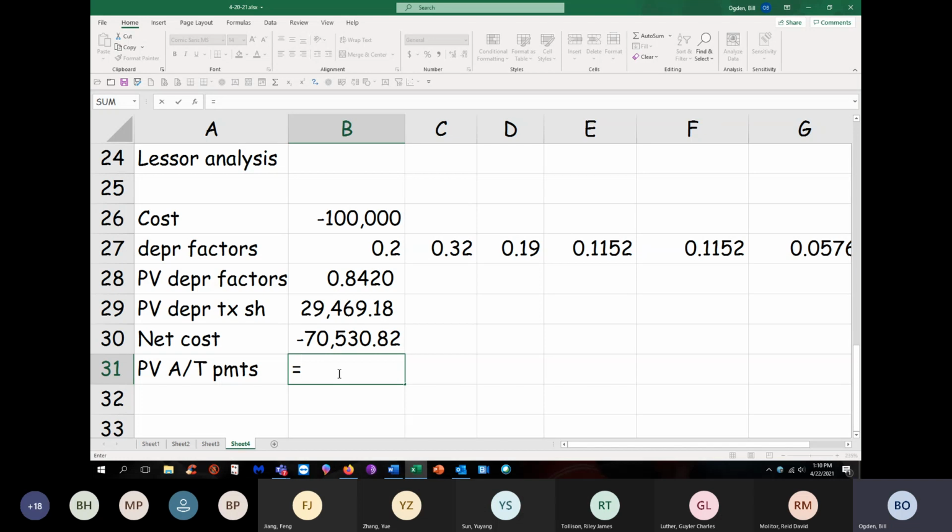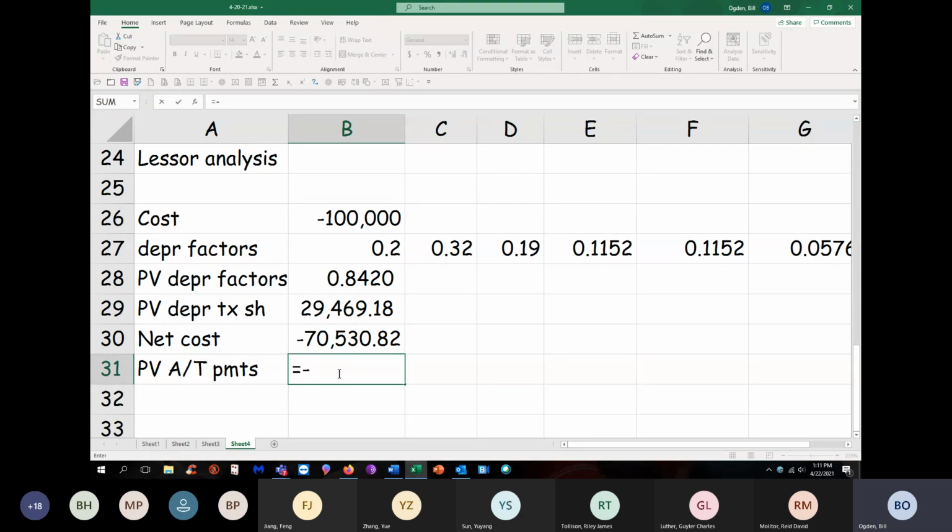The present value function follows Descartes' law. In other words, it has to have a sign change. So if you enter the payment as a positive number, it will provide you with a negative present value. So what we will do is preempt that and say minus, because we know that the lease payments are a cash inflow to the lessor.